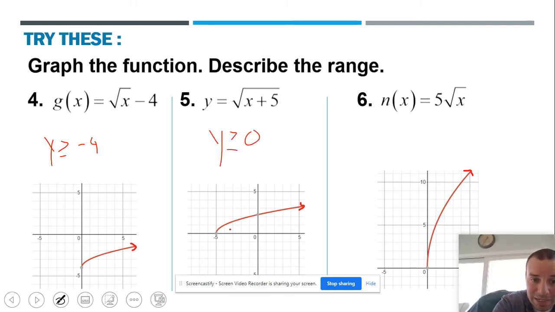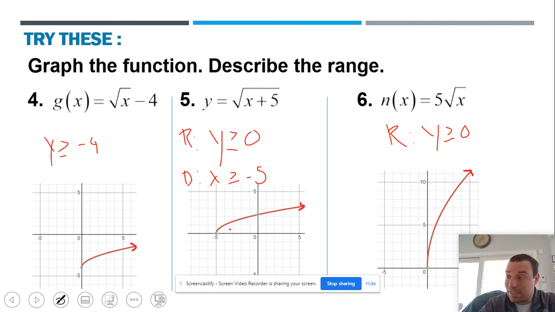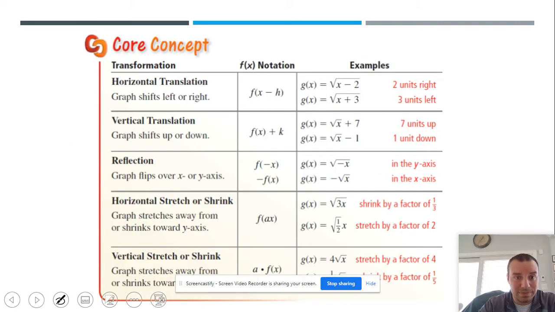Now your domain here would be x is greater than or equal to 5. So let's just think about that for a second. Your domain is x is greater than or equal to -5. And here your range, even though it's a different, steeper curve, is still just y is greater than or equal to 0. So again, you're thinking, where does the y exist and where does the x exist?